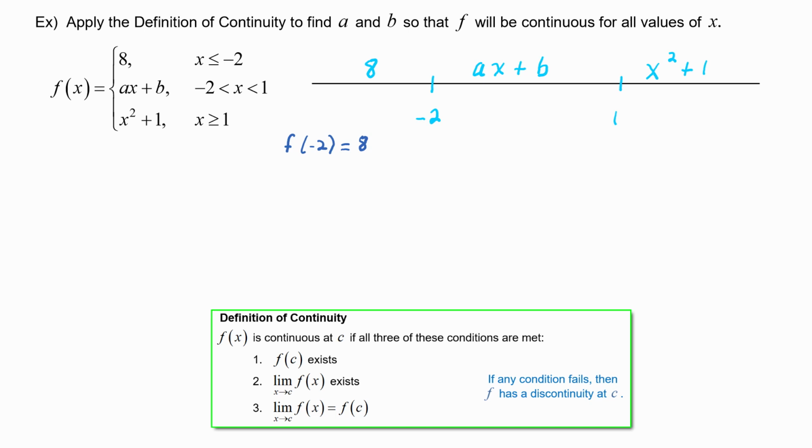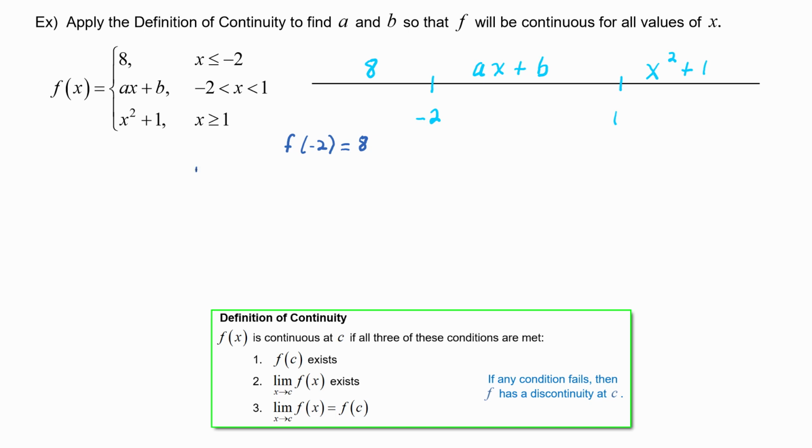And then, for f to be continuous, we know that the two-sided limit going to -2 has to exist and will also have to equal 8. But because this is a piecewise defined function, we can't do the two-sided limit directly, so we need to do the two one-sided limits and make sure that they will equal each other.